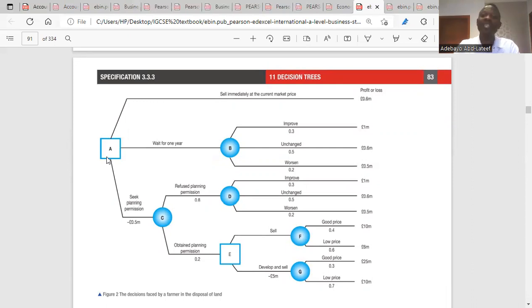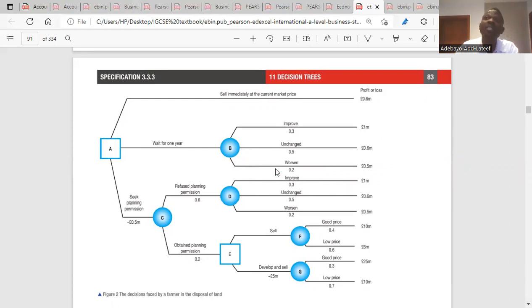And if the value remains the same, he will still sell at 600,000. And there's a likelihood that the situation gets worsened, but the probability is 0.2. So if the situation gets worsened, he would have to sell it for 0.5. Do you get? So the farmer has to, yes?